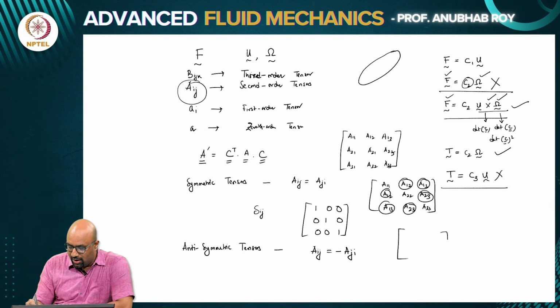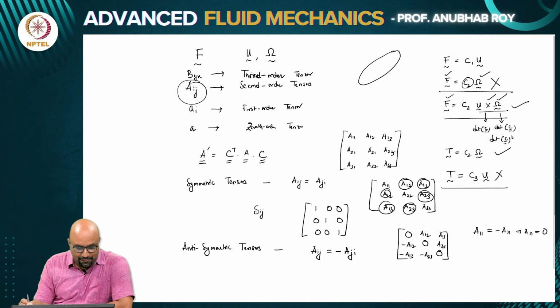The first thing you observe is, let's take i equal to j, so a11 is equal to minus a11. This only has the trivial solution that a11 has to be 0, which means all the diagonal elements of an antisymmetric tensor would be 0. And then I have a12, a13, a23 and minus a12, minus a13, minus a23.